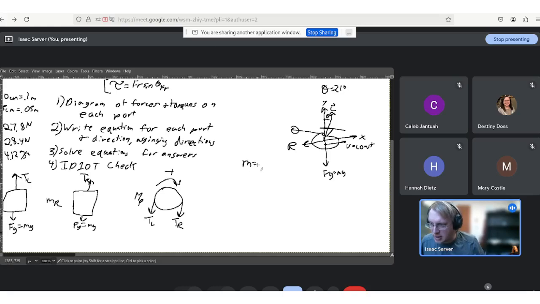It has a mass, but it doesn't tell us what it is.